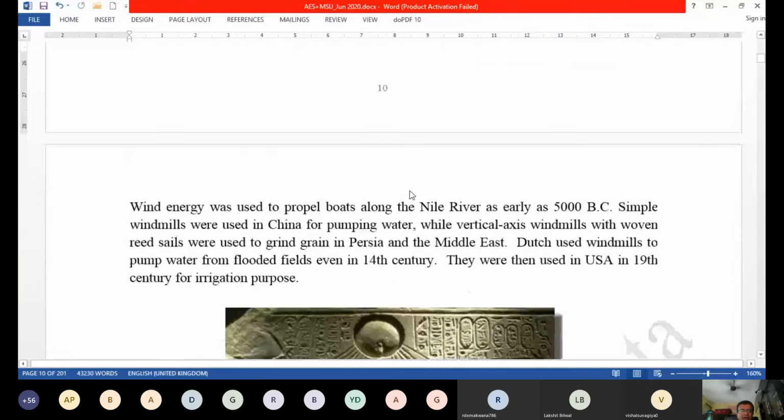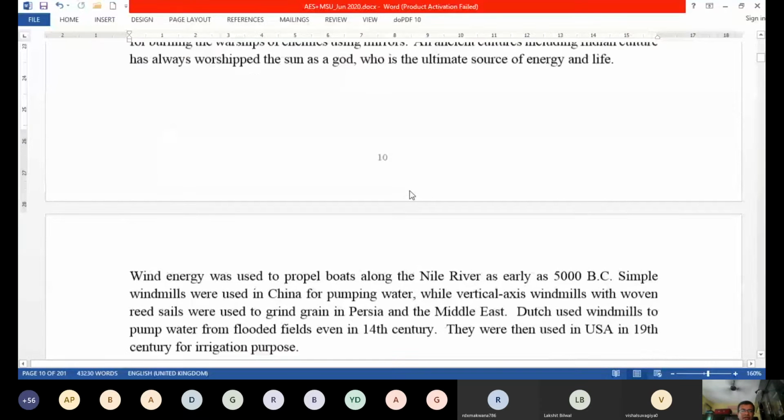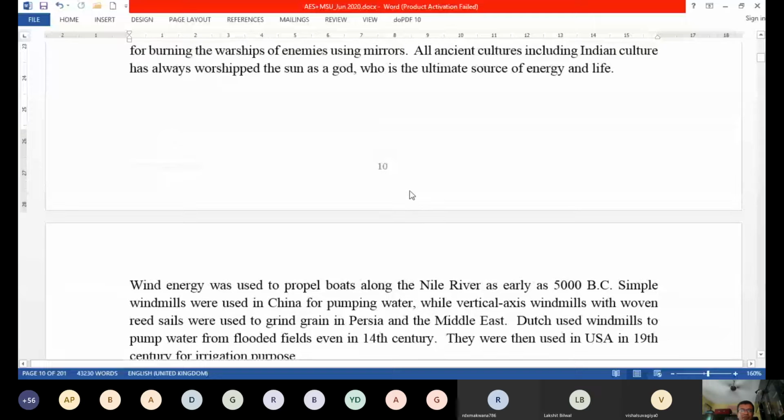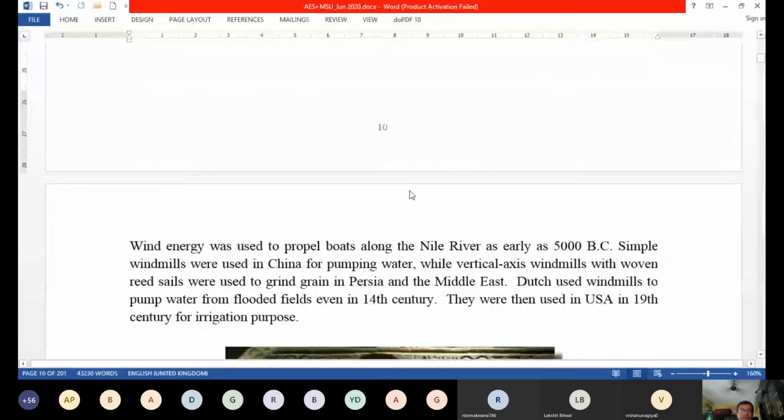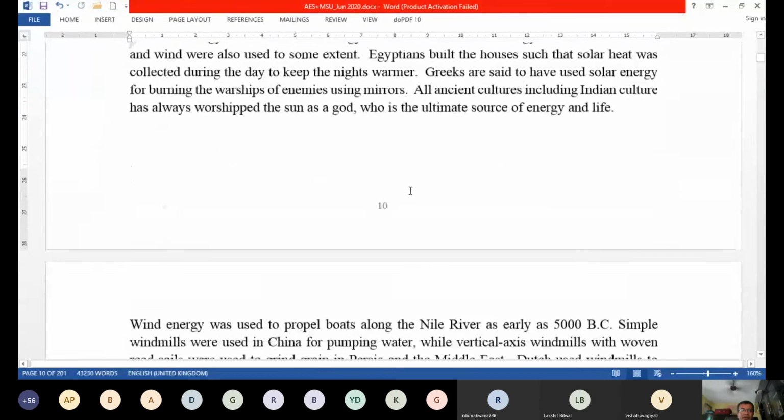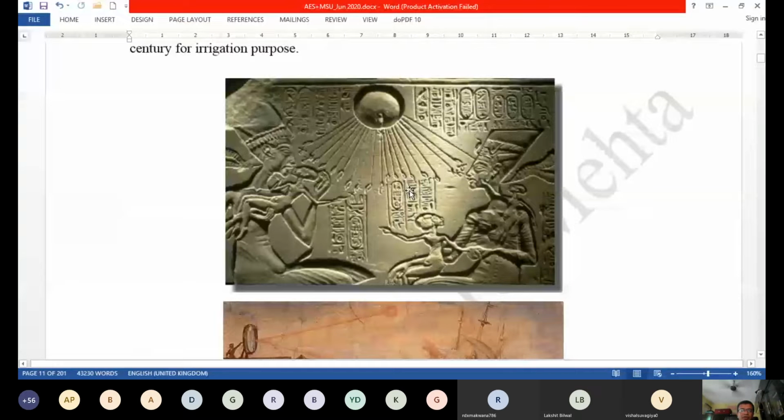Now, we want to focus upon the alternative sources of energy. That is, in a way, you can say non-fossil fuel or even non-hydro type of sources. So, solar, wind, etc. In ancient times, also you get some examples of the use of solar energy.